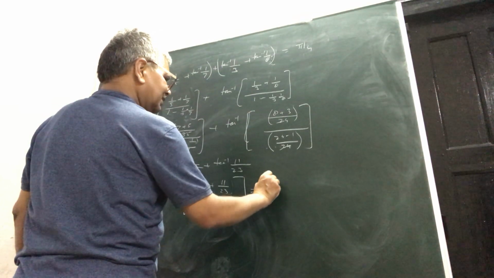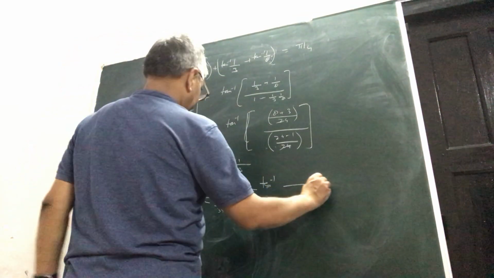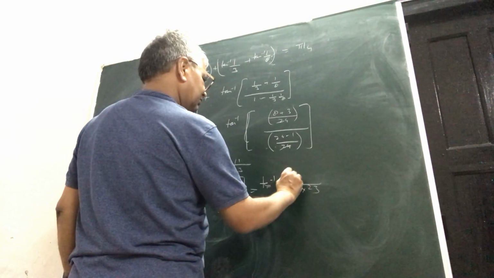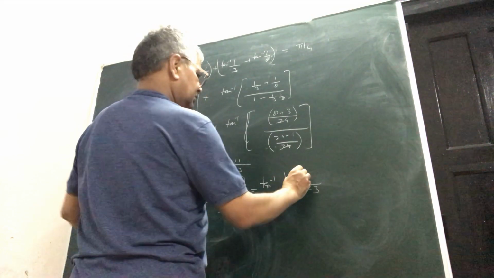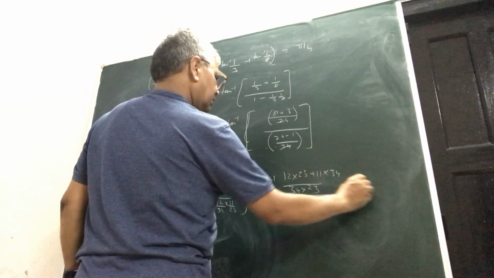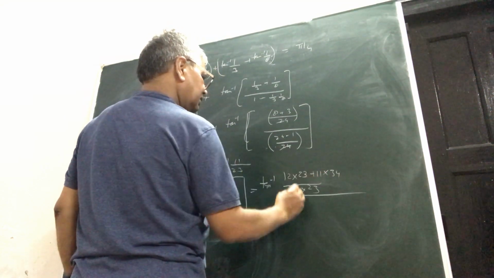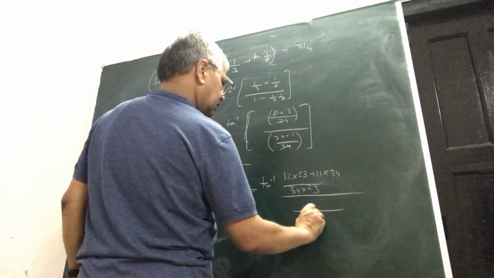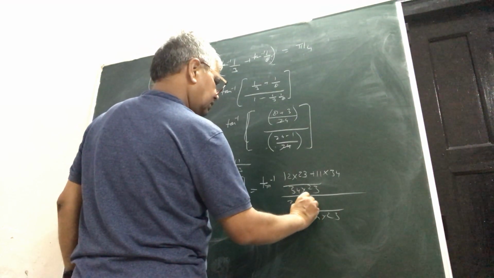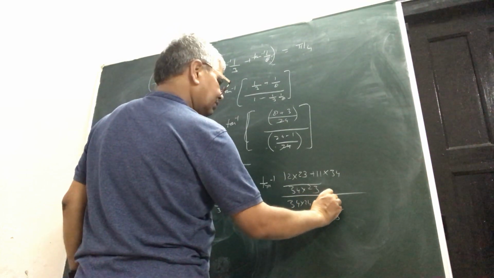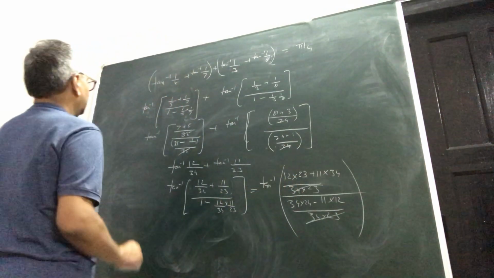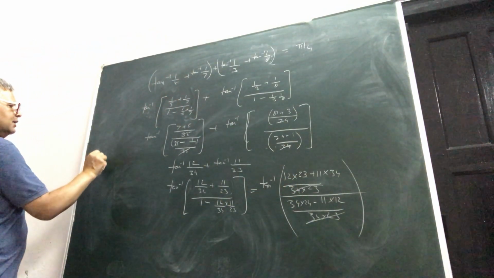So tan inverse, the LCM will be 34 into 23, and then 12 into 23 plus 11 into 34, upon 34 into 23 minus 11 into 12. So this whole 34 into 23 will cancel.